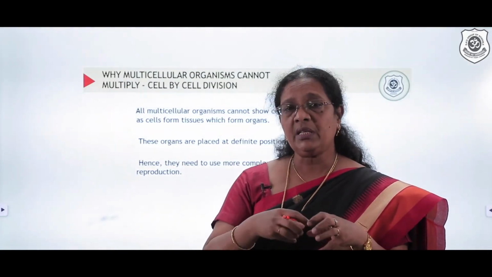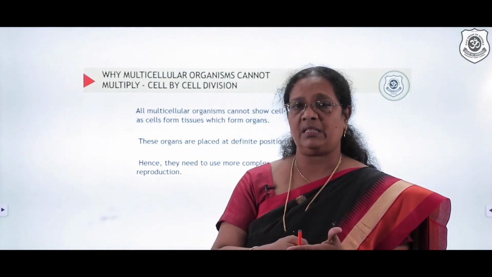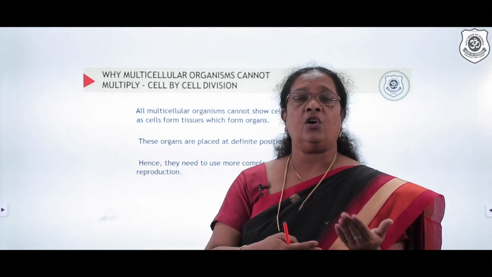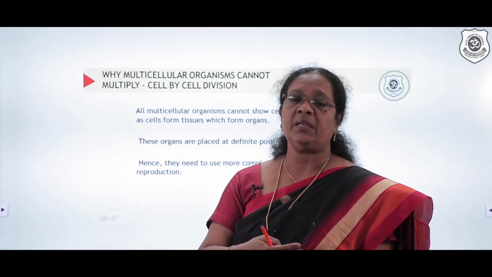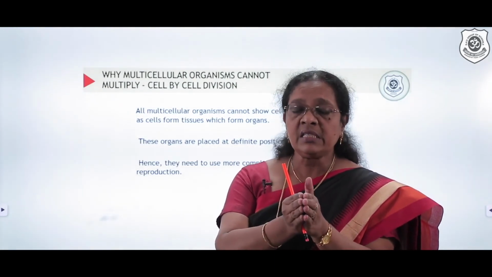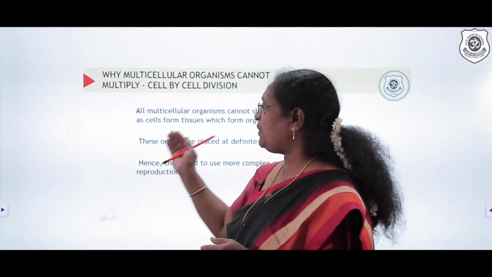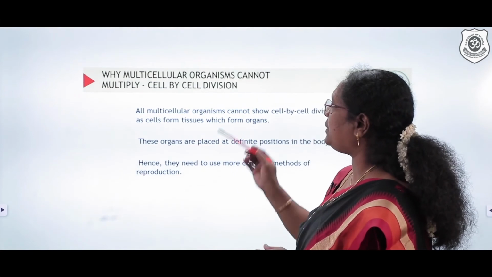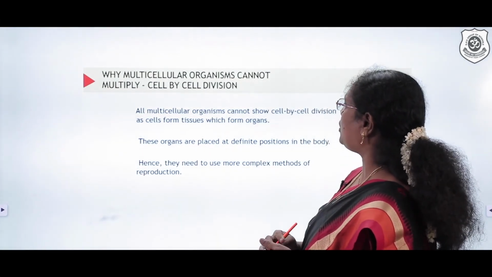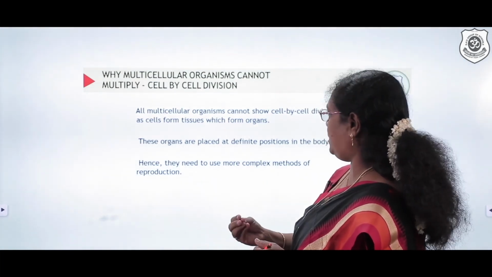If it were cell by cell division, like in amoeba or Leishmania, it would not be possible. All the organ systems would not be evenly divided. That is the only reason a multicellular organism cannot undergo cell by cell division.